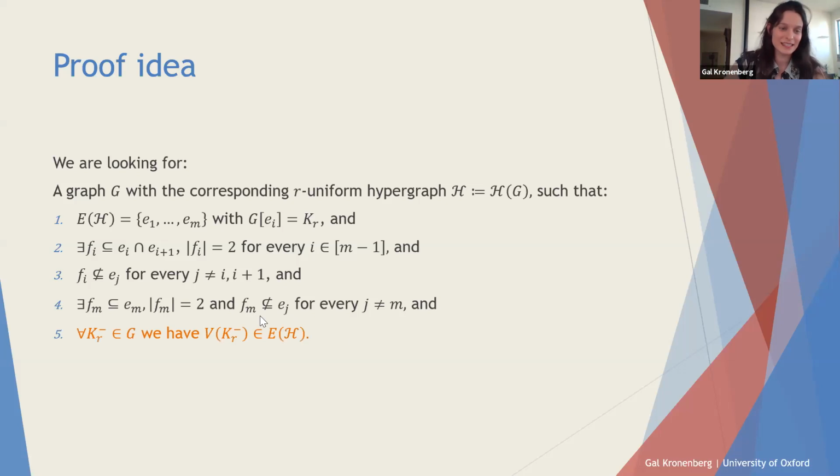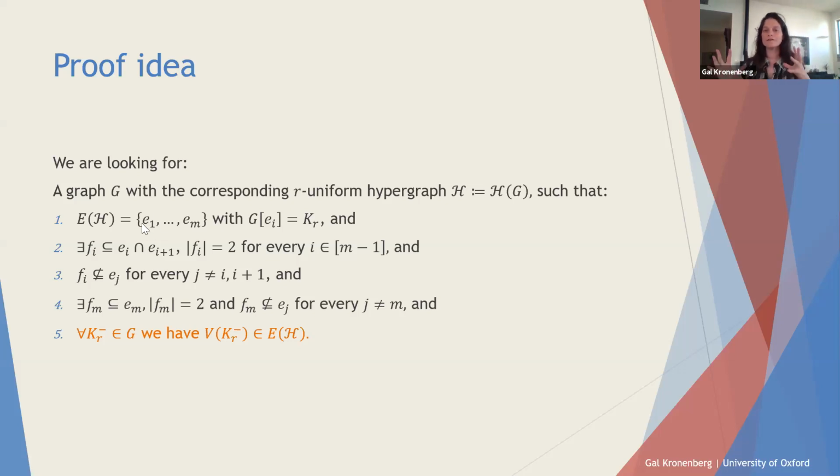And maybe the last thing and most important one, I don't remember why I put it in orange, but I'm sure there was a good reason. Maybe it's a very important property, or maybe it's the property that is the most difficult to achieve, at least the way I see it. Every copy of Kr minus one edge that I have in my final graph, of course Kr, but also Kr minus an edge, belongs to a hyperedge.